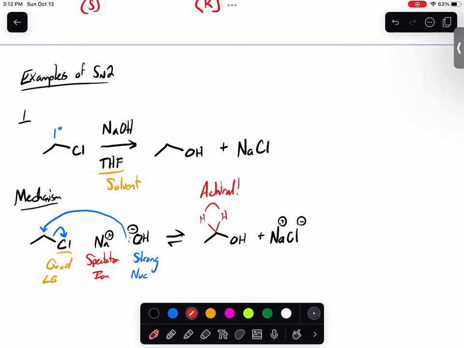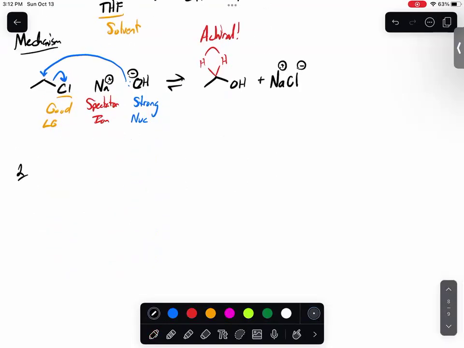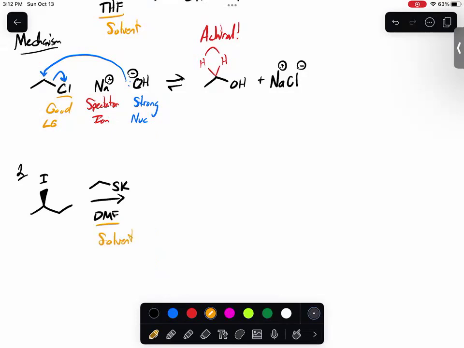Now, we can do a second example of what an SN2 looks like, where we have something like this, and we bring in something like this here in DMF. So in this case, DMF is another solvent, right? So we don't have to worry about it doing any of the reaction.